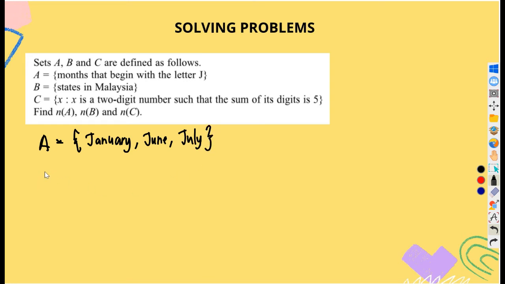Okay, and then set B is the states in Malaysia. So how many states are there in Malaysia? You need to do the list first.